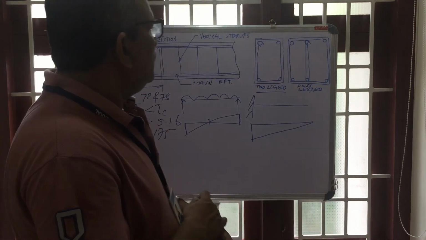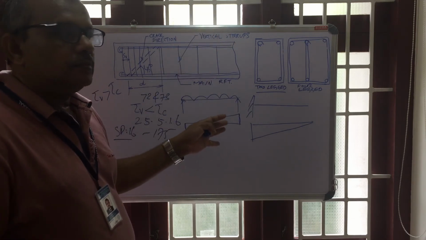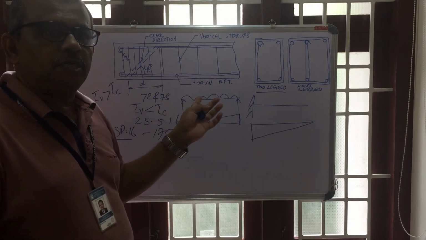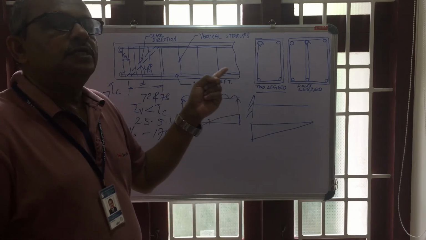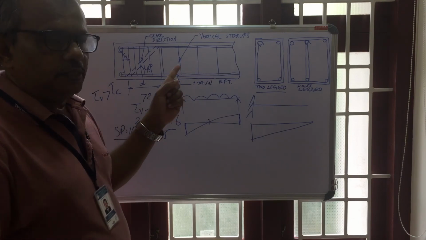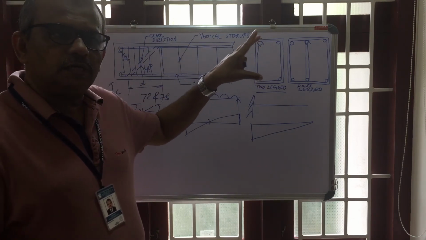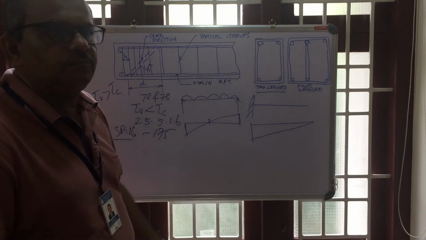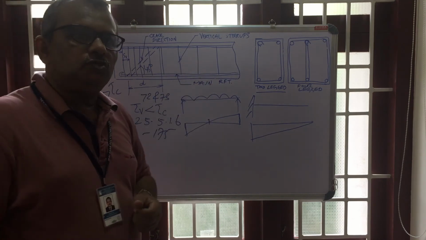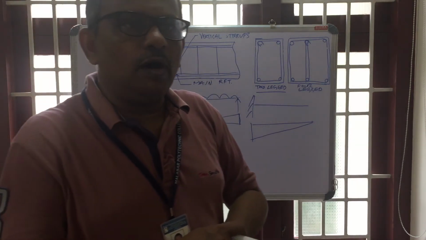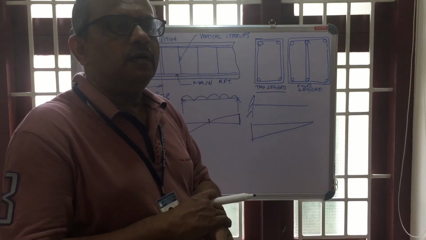So today we have discussed the importance or the purpose of providing shear reinforcement in beams and the design criteria of shear reinforcement. When we consider the design of any beam, whether it is singly reinforced, doubly reinforced or T-beam, the shear reinforcements are necessary to take the shear stresses and to prevent the diagonal cracks at an angle of 45 degrees.